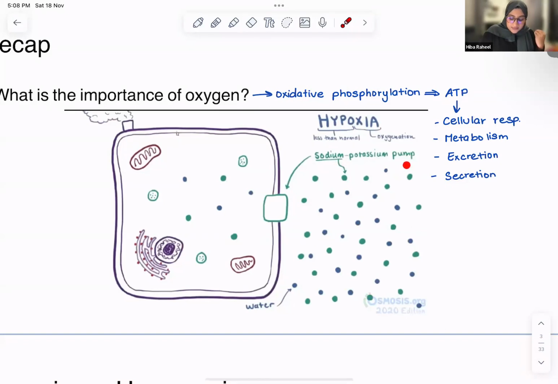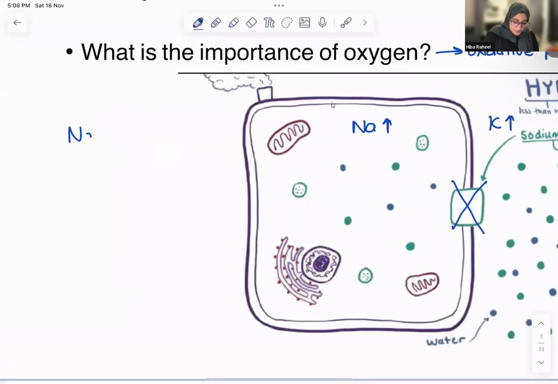Under normal circumstances, it pushes sodium outside the cell and brings potassium inside the cell. When there is no ATP, this pump stops working. As a result, sodium accumulates inside and potassium accumulates outside. One very important rule is that wherever sodium goes, water is going to follow.